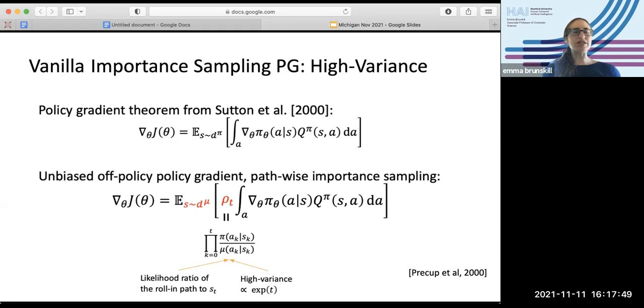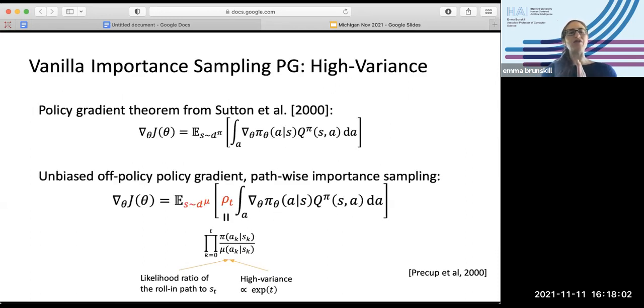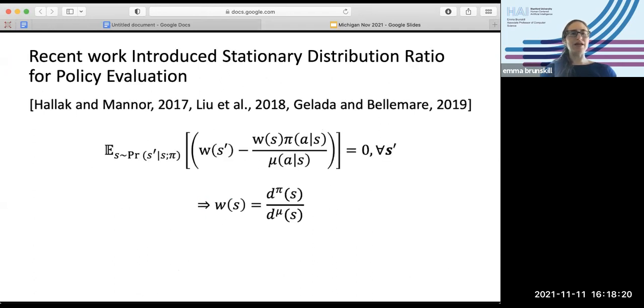And one of the observations from other colleagues over the last few years has been that if we really are in a Markov setting, which we're not always, but if we're willing to make that assumption, then we may not need to think about this full product over all time steps of the ratio of the probability of the decision made under the target divided by the behavior. Instead, we can think about the stationary distribution of states and actions taken under our target policy versus our behavior policy.